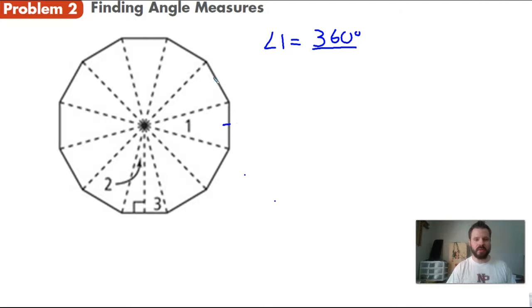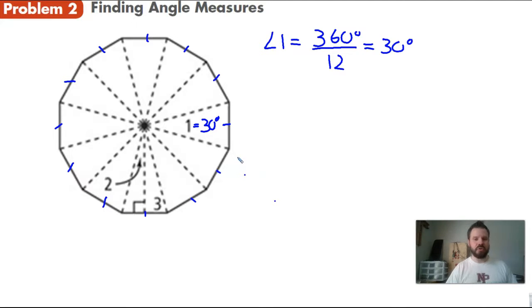We've got 1, 2, 3, 4, 5, 6, 7, 8, 9, 10, 11, 12. So dodecagon, I think. 360 divided by 12 gives me 30 degrees. So angle 1 equals 30.